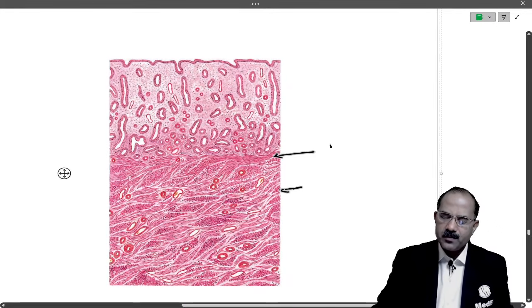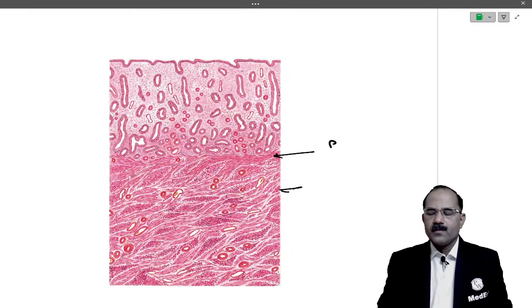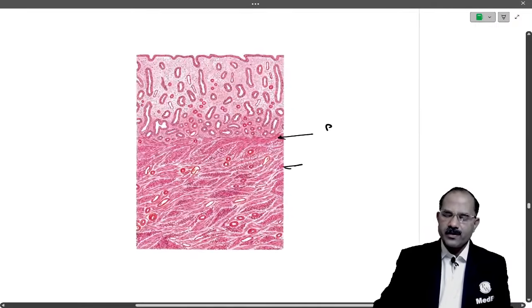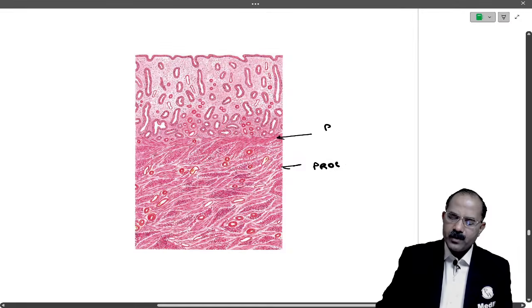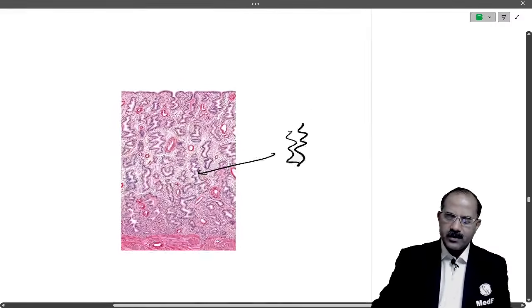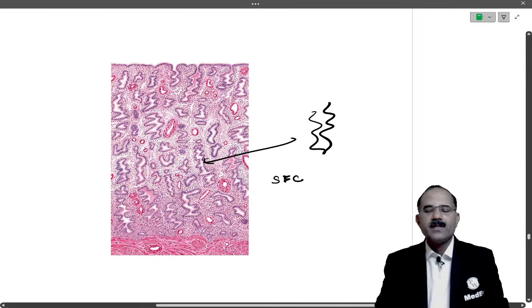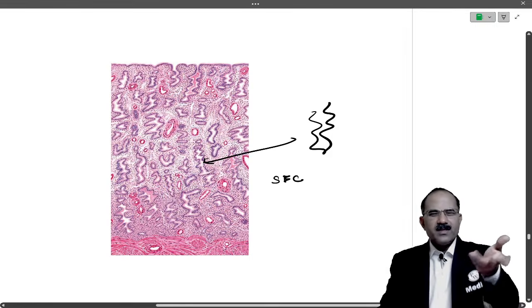This is the proliferative phase, and the other phase is the secretory phase.